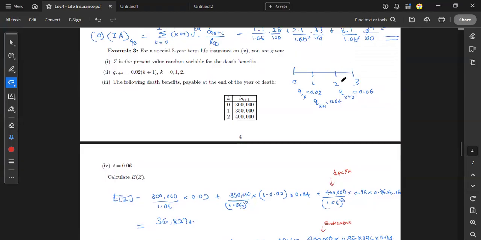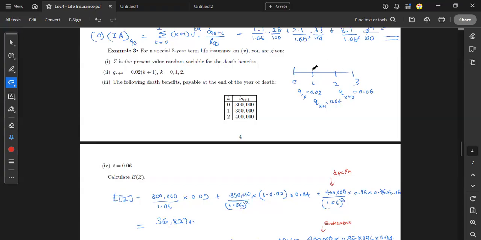Because during the last year, there's a definite payment at the end of the final year. If the death occurs during that year, that payment will be the death benefit payment. If that person survives that final year too, that payment will be the endowment payment. So it has to be either the death benefit or the endowment benefit.